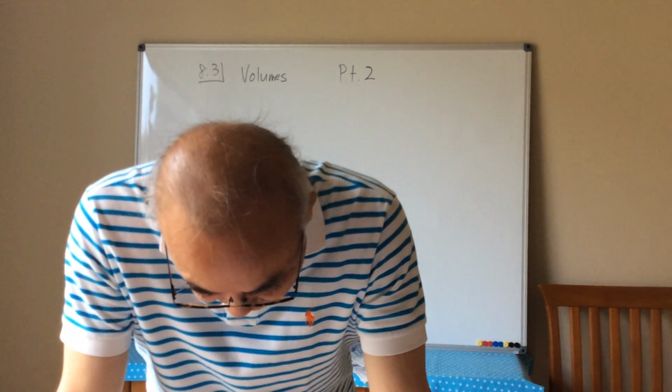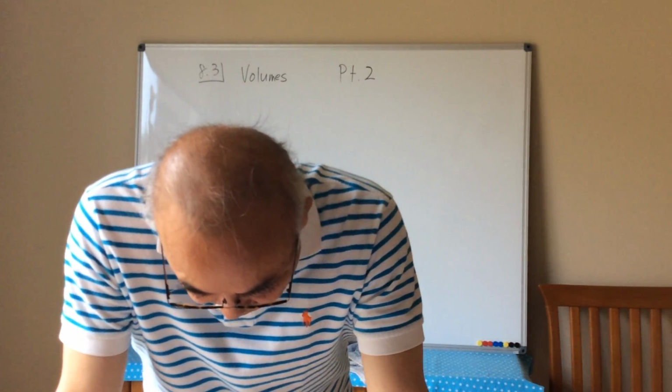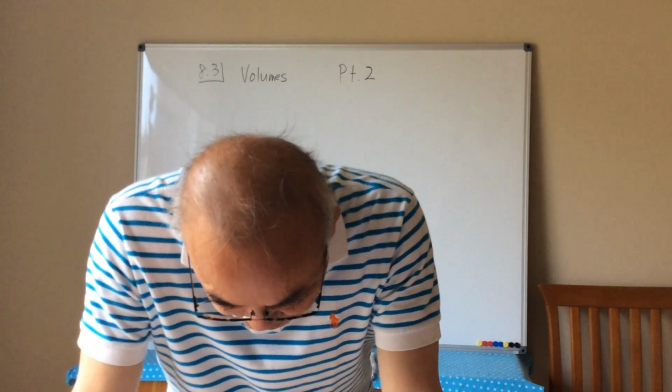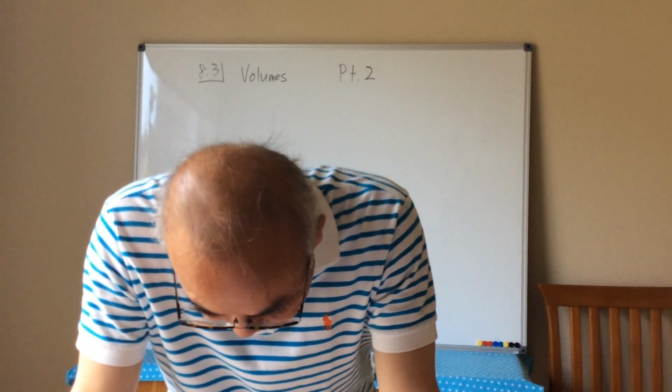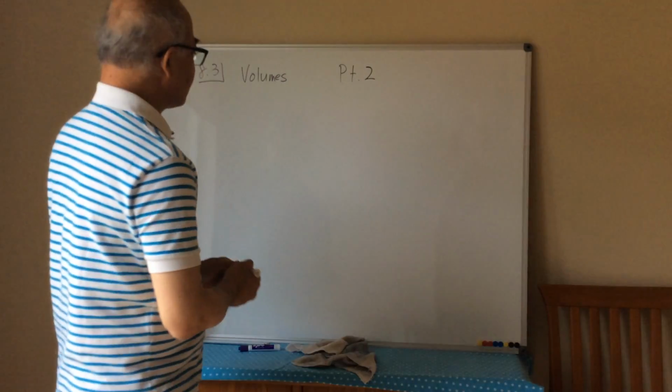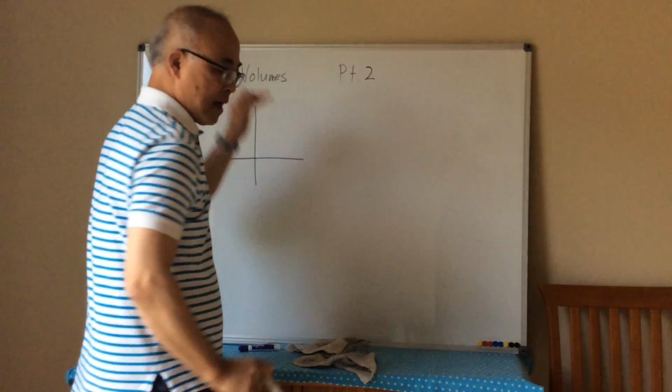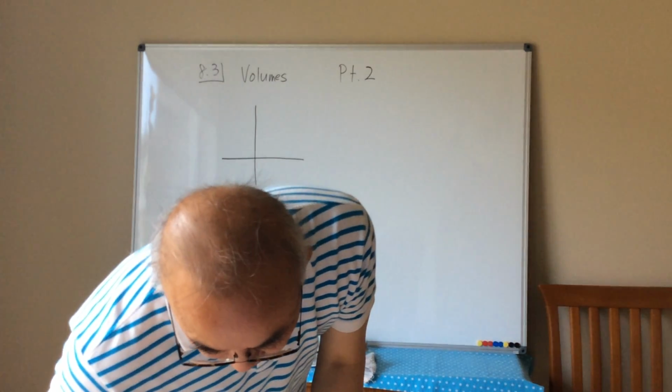In number 9, it says, find the volume of the solid generated by revolving the shaded region about the given axis. Okay, so what are we doing here?